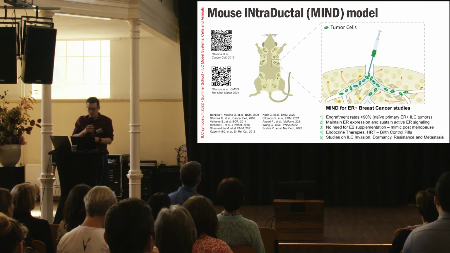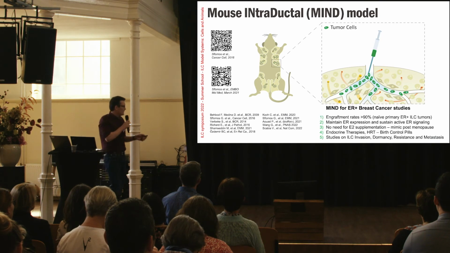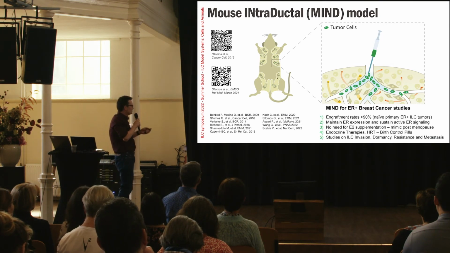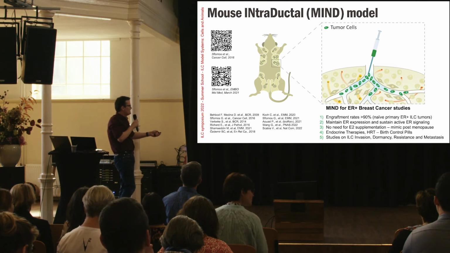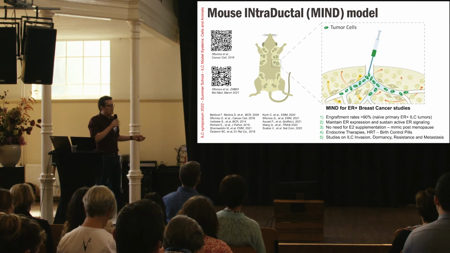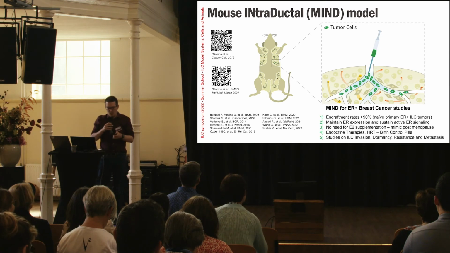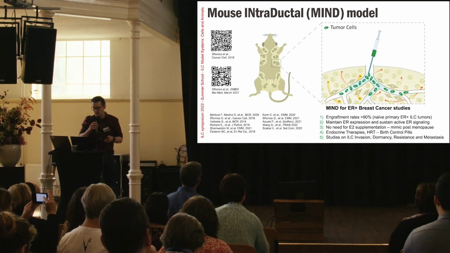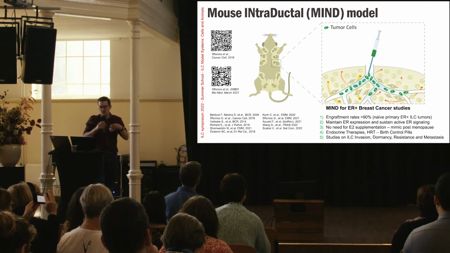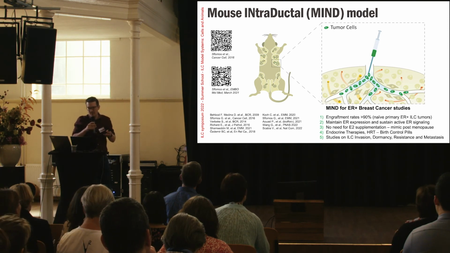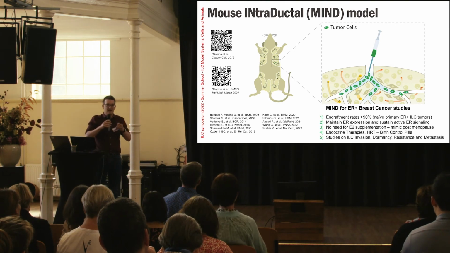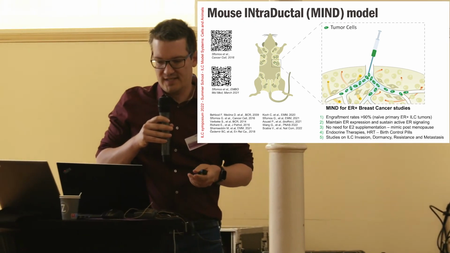So in the lab we have also recently developed the approach of intraductal injection. We take the cells and inject them directly inside the duct, in a completely different microenvironment compared to the other methods of injection. In this way, we are able to have a high engraftment rate for ER-positive tumors in general, and ILC was also not an exception.